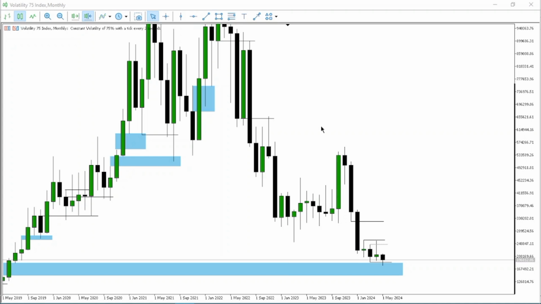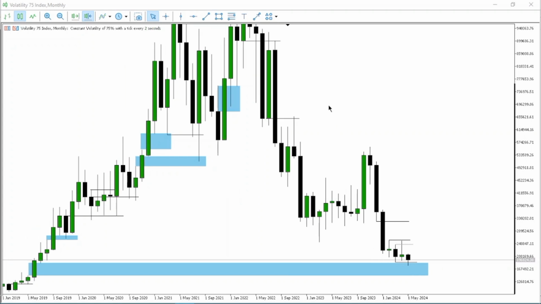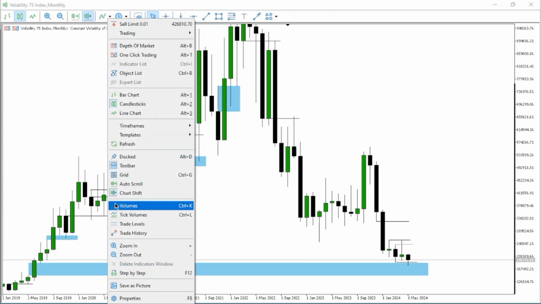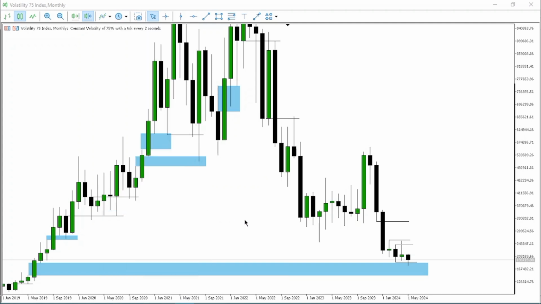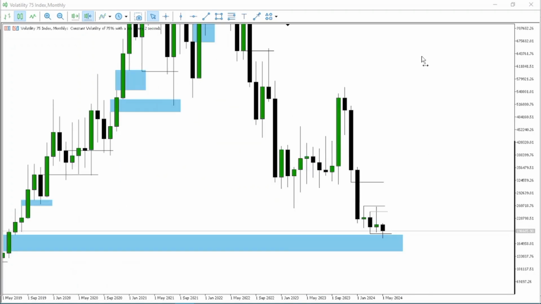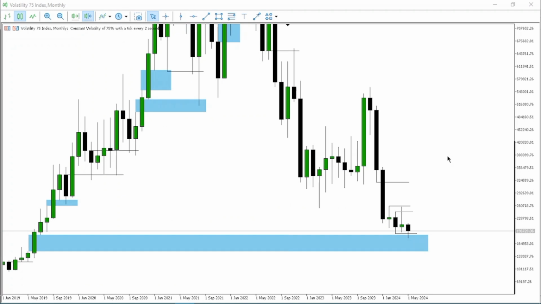And with that, you should come to a much clearer understanding of price and what's likely to happen next, right? Because that's the whole premise of analyzing the higher time frames. What's next? That's always the question.